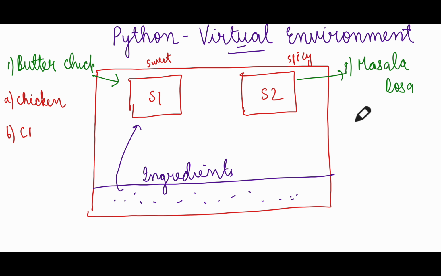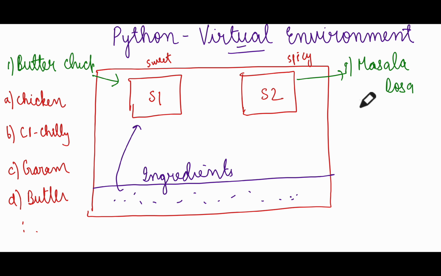Let's first list down the ingredients. Chili powder, then garam masala, and then butter, of course, and multiple other items as well.